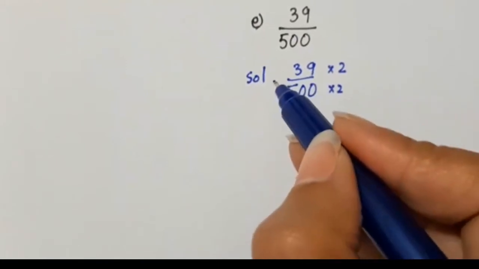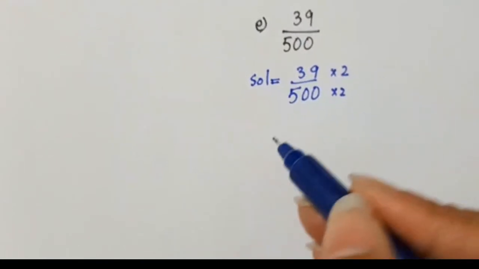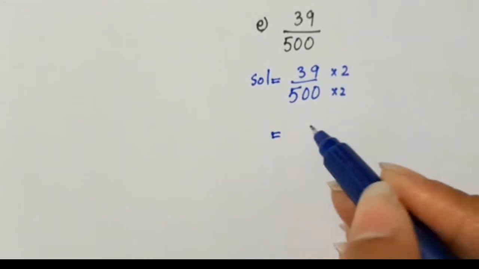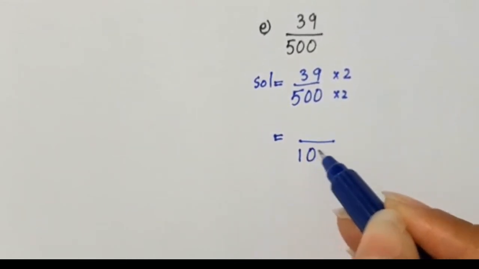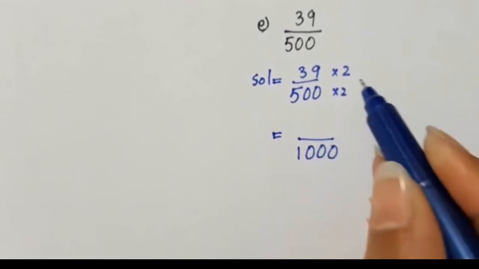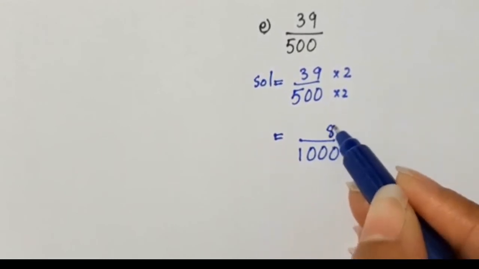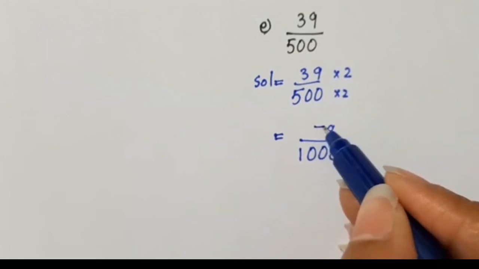When we have two currency notes of 500, it means we have 1000 rupees. So it is 1000 in the denominator, and 2 9s are 18, 8, 1 carry, 2 3s are 6 and 1 is 7.